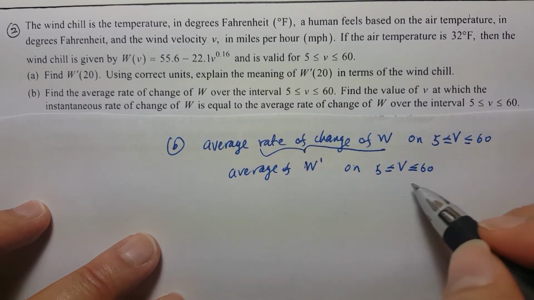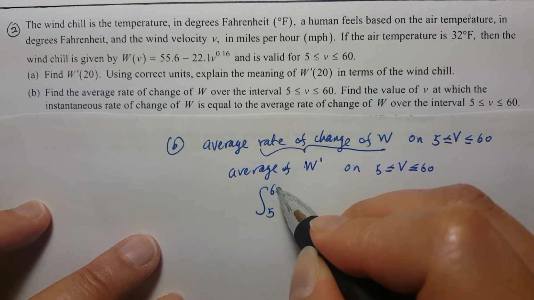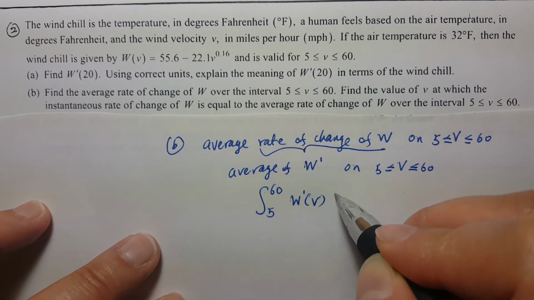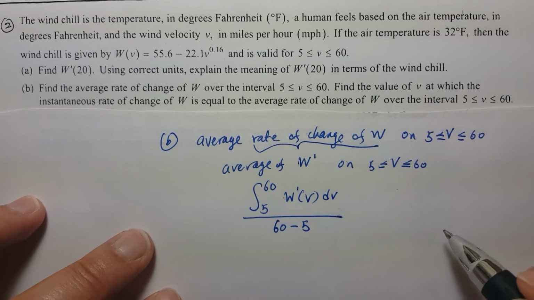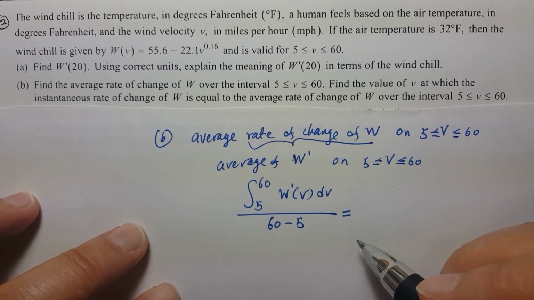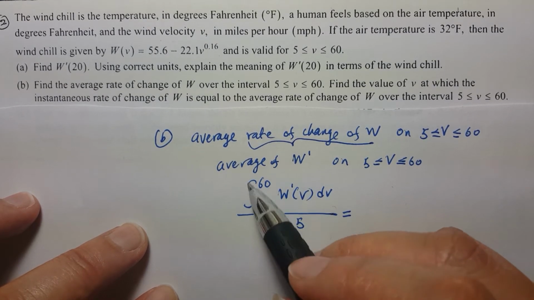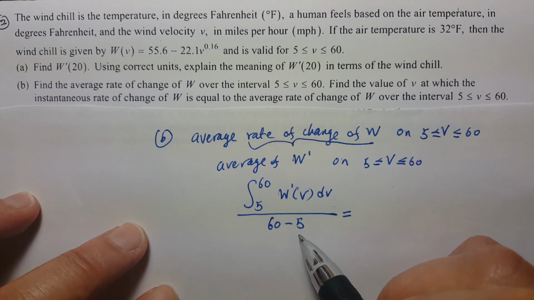That leads us to the formula: the integral from 5 to 60 of W prime of V dV, over 60 minus 5. Here there are two ways to find the answer. If you already know the derivative function, you type in the integral of this function dV and then divide by 55.